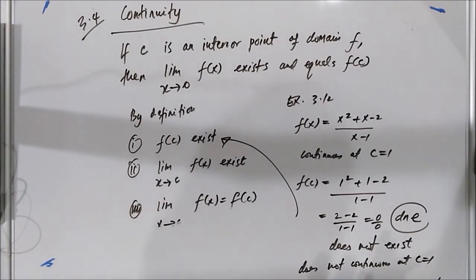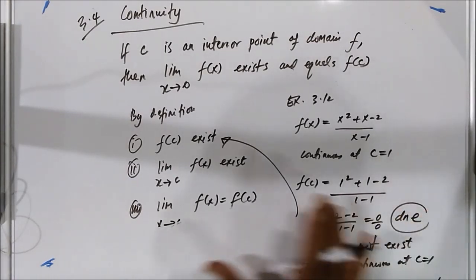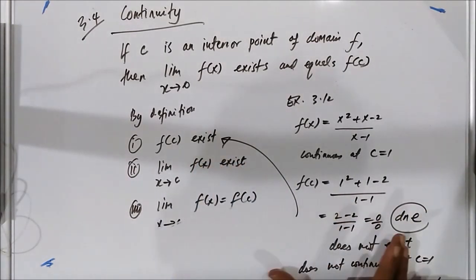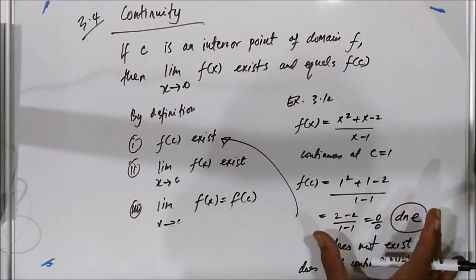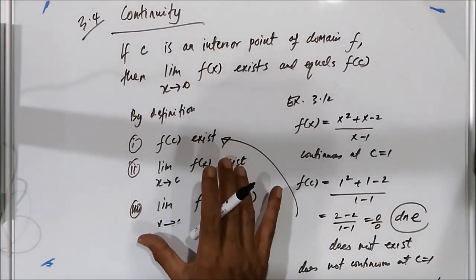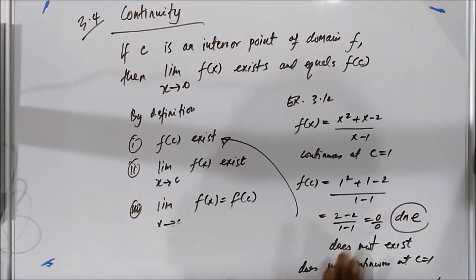This is how we solve it. Once you get the answer, you have to compare it with the definition. If the result does not meet the definition, the function is not continuous at c equal to 1.